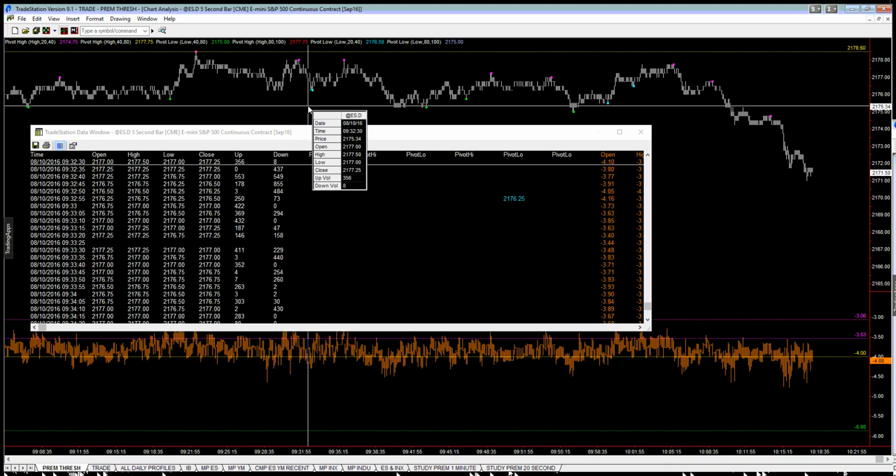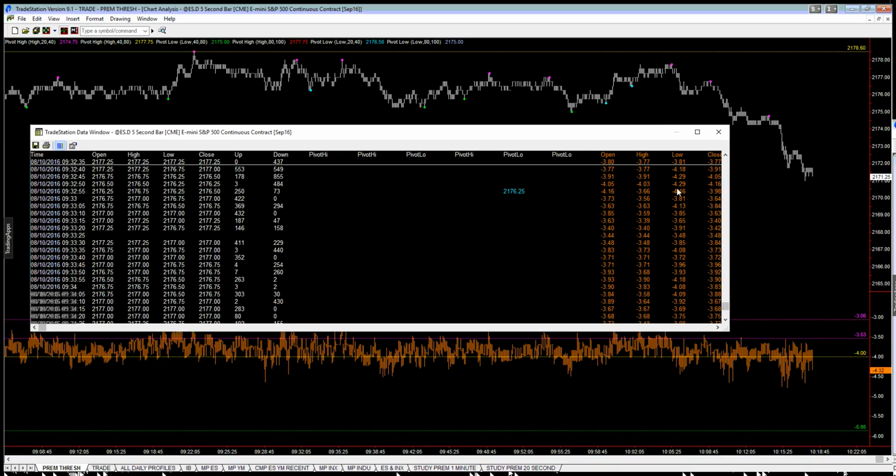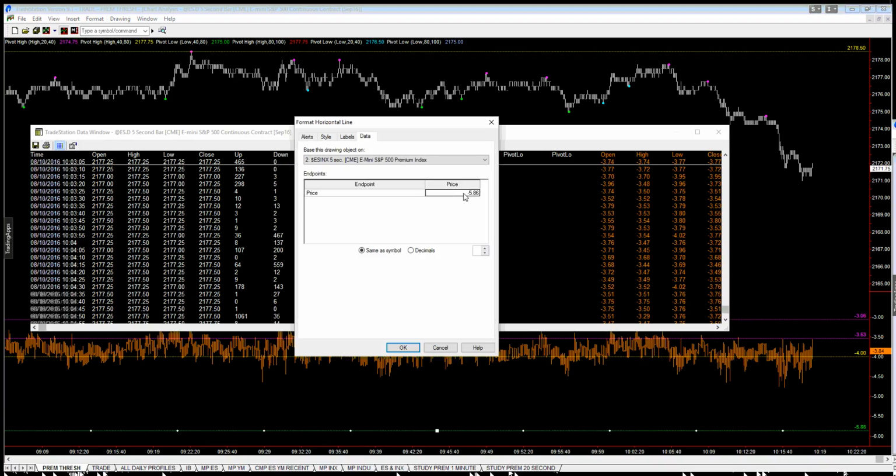All right, so there we have this low. Low pivot right here. Low of the premium is at 416. All right, so we could initially set this to negative 416.